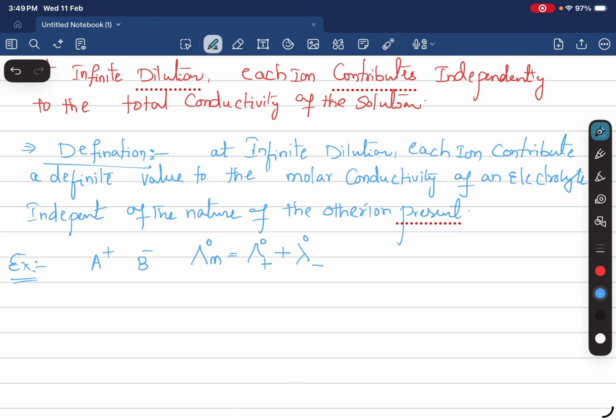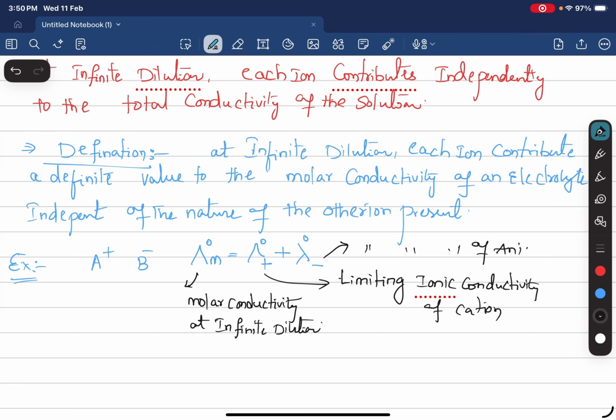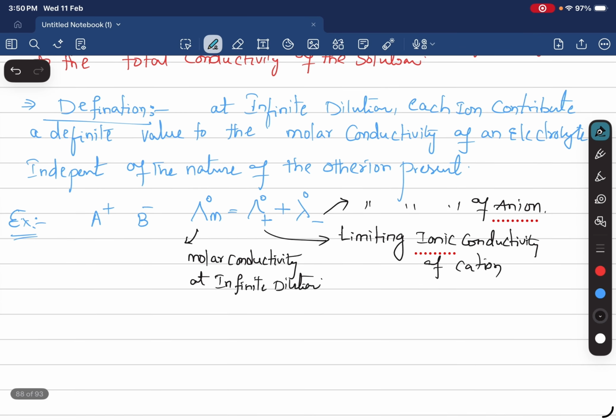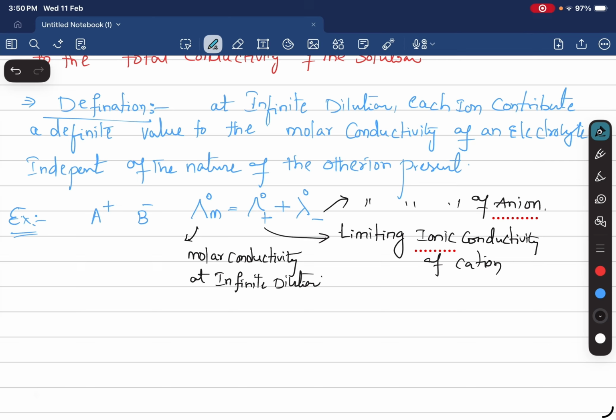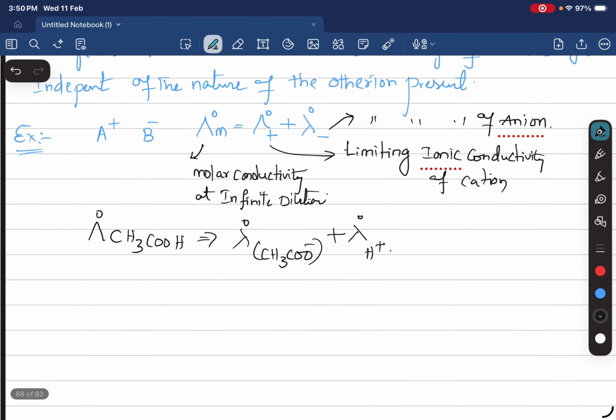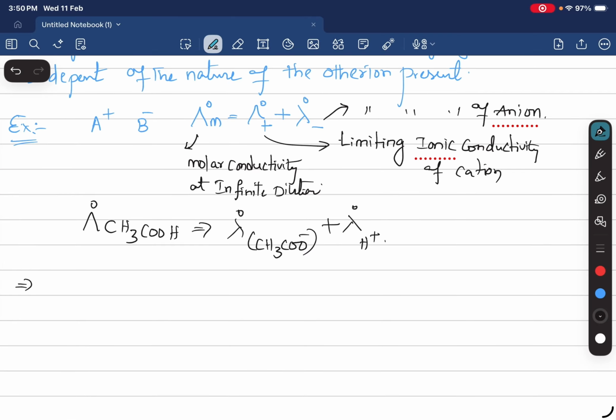So if you take an example like CH3COOH, lambda naught m, you can write it as lambda naught CH3COO minus plus lambda naught H plus. This is how we can represent what happens when we add more water, or at infinite dilution.